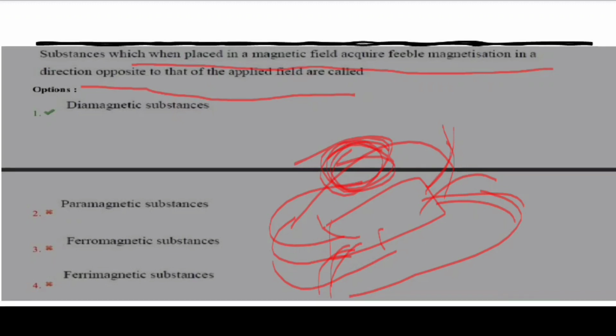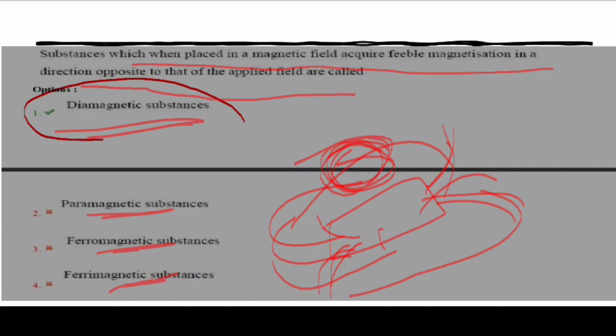The options are diamagnetic, paramagnetic, ferromagnetic, ferrimagnetic. The answer is diamagnetic substance. If the field is in one direction and the magnetization is in the opposite direction, the substance is called a diamagnetic substance. Option A is correct.